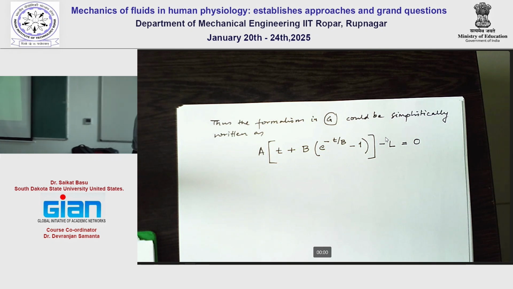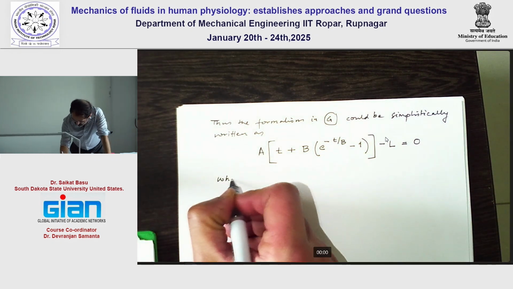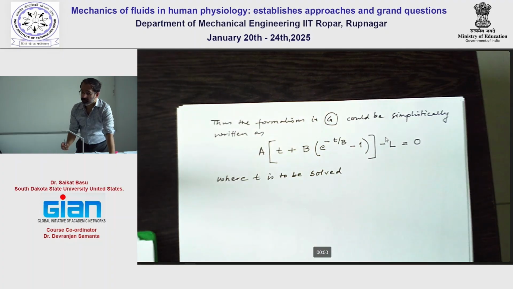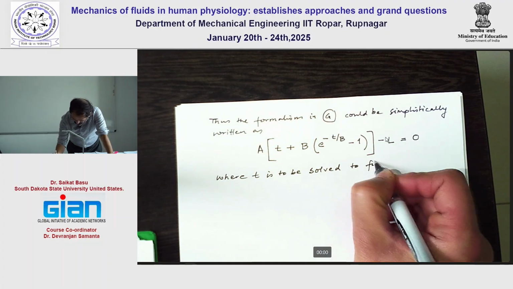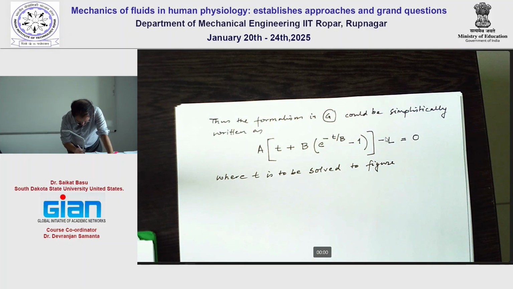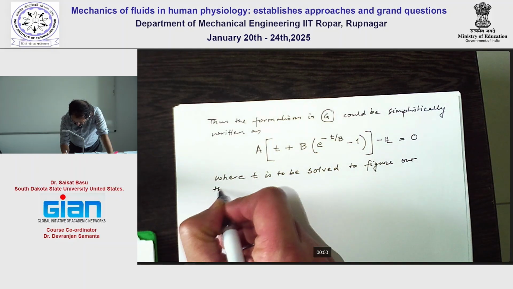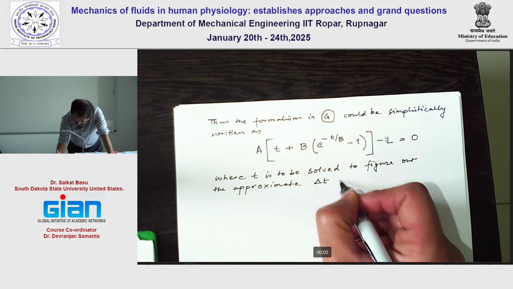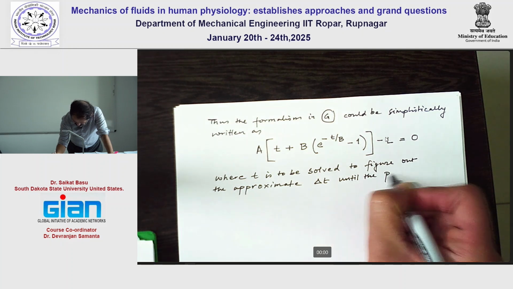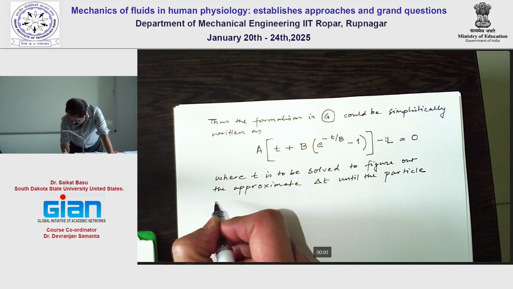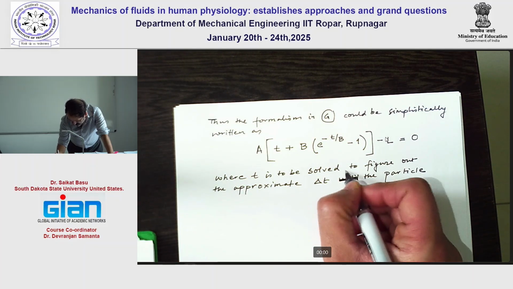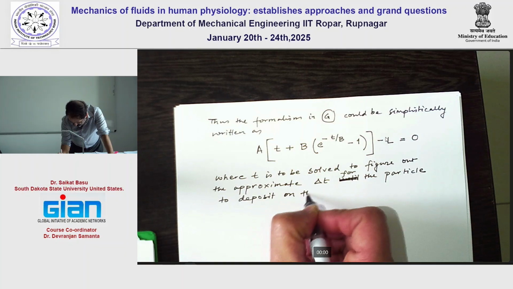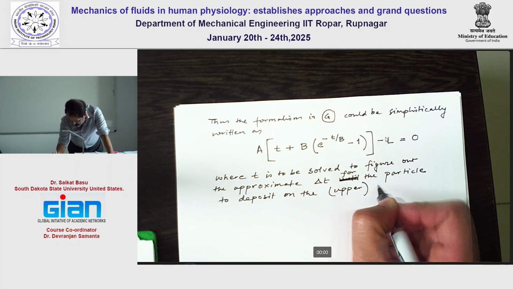Okay, so where t is to be solved, to figure out the approximate delta t for the particle to deposit on the upper airway wall.